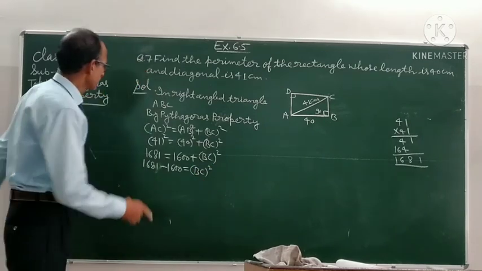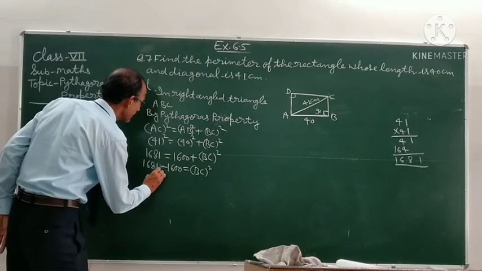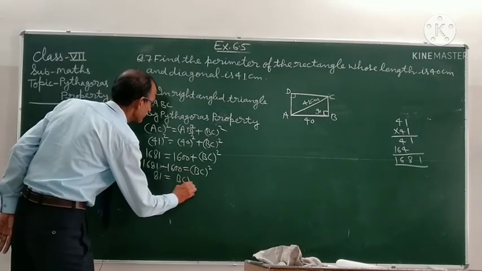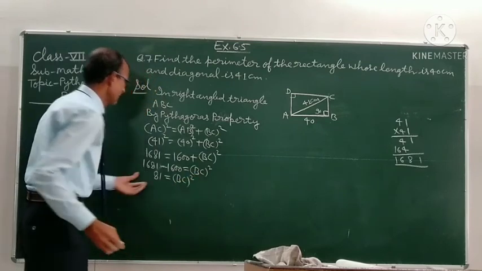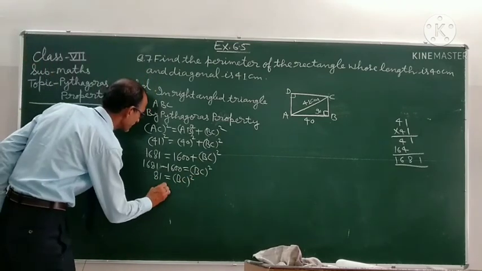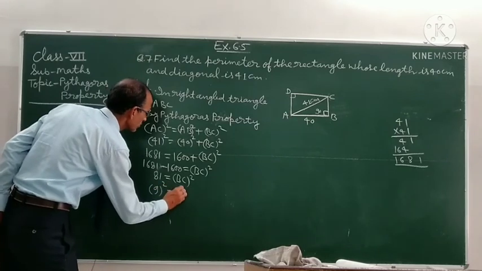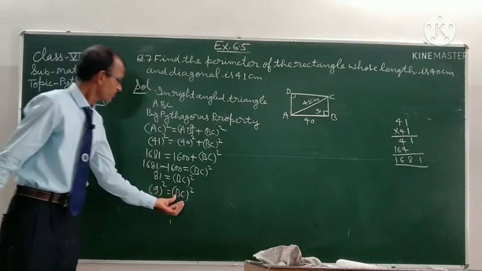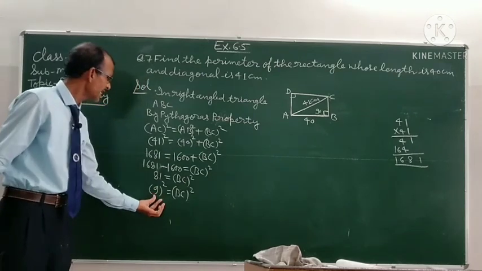Subtracting we get 81 is equal to square of BC. 81 is the square of 9. BC square is equal to 9 square.